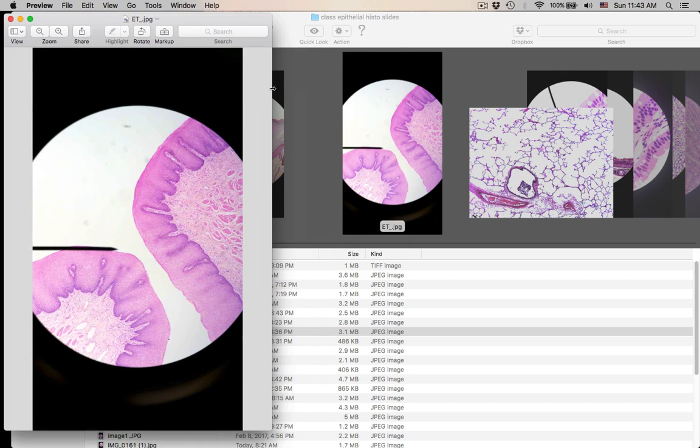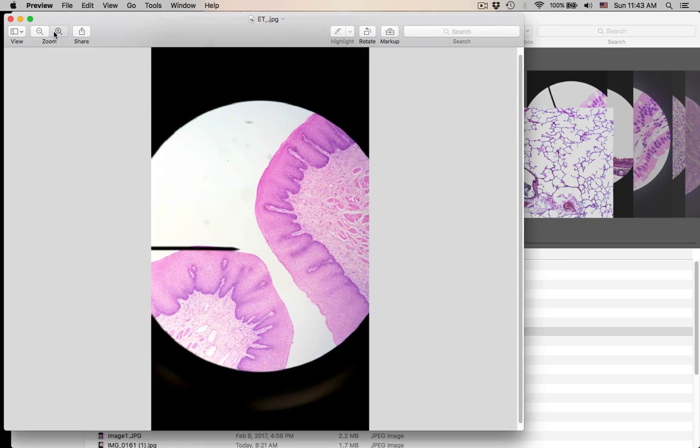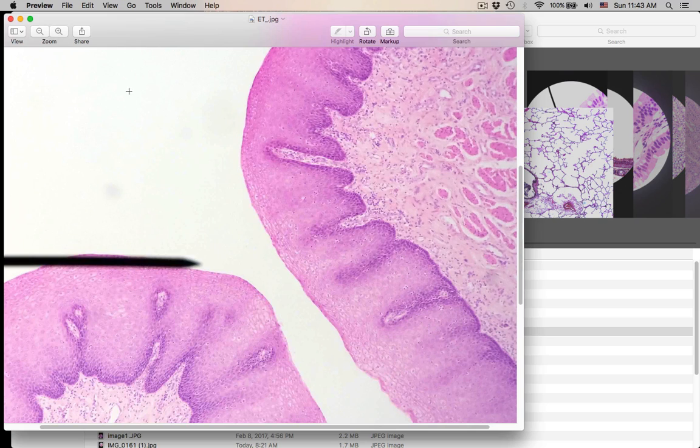Number 7. We are now in number 7. This is stratified squamous non-keratinized. These cells are alive. Remember, keratinized, they are dead. Here they are alive. Where do you find them? You find them in areas of wear and tear where you need lots of protection.